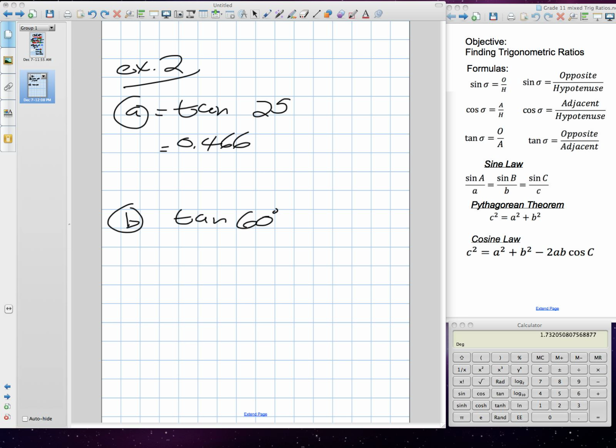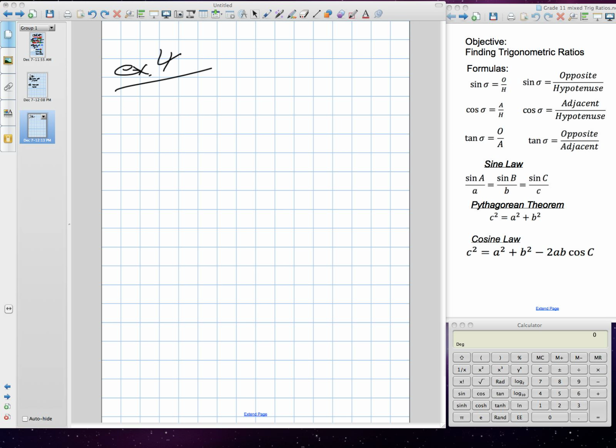Okay, example 4 we're going to now. They've given us a triangle. It's kind of flipped around in the question.